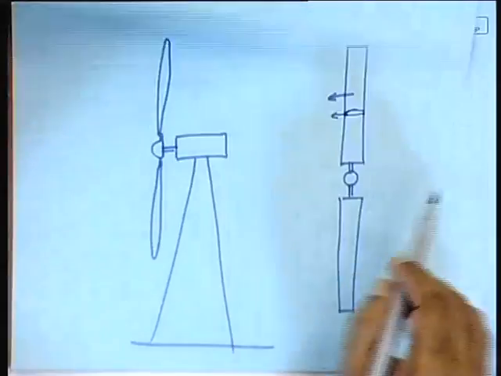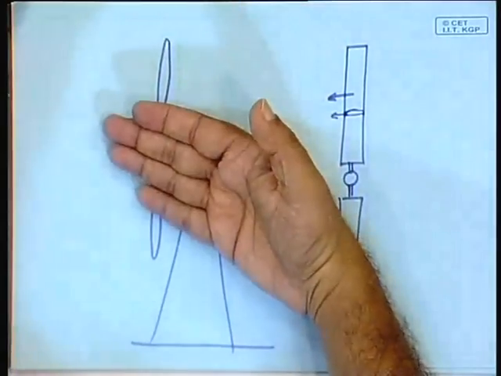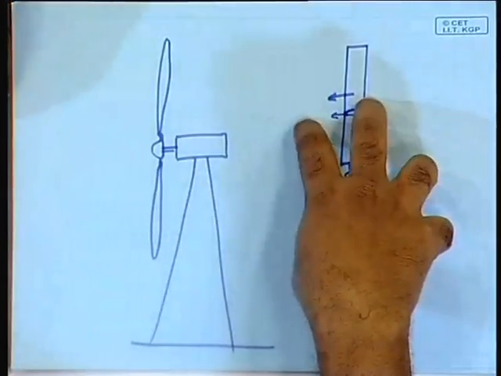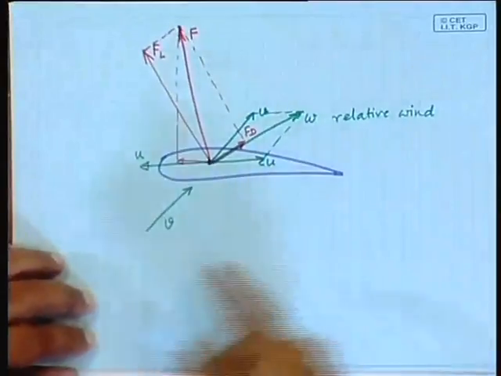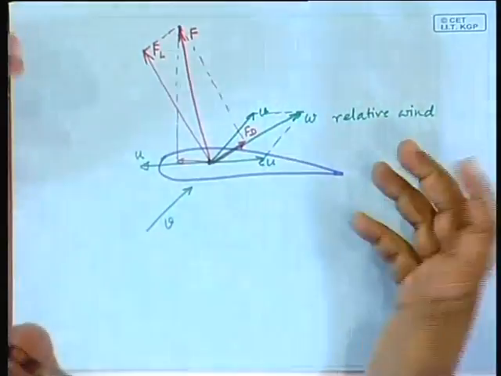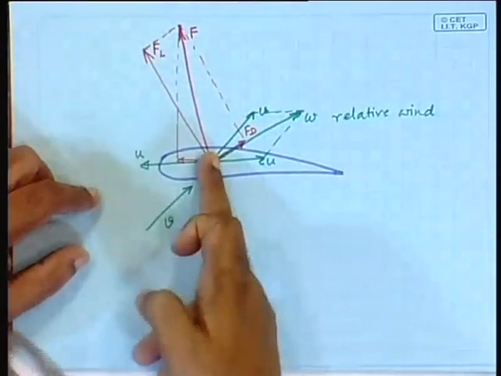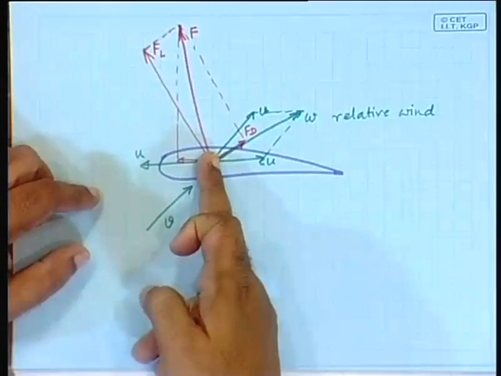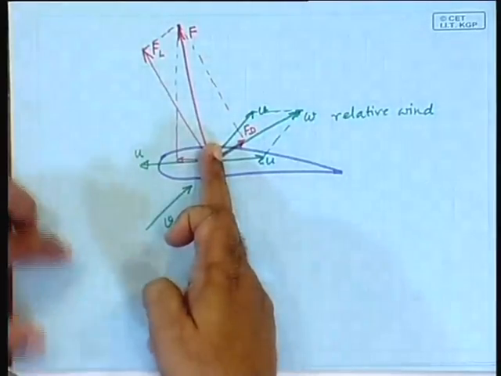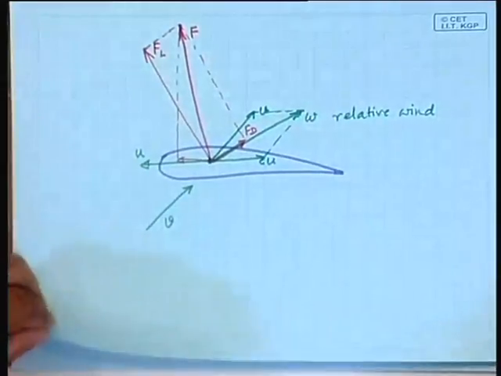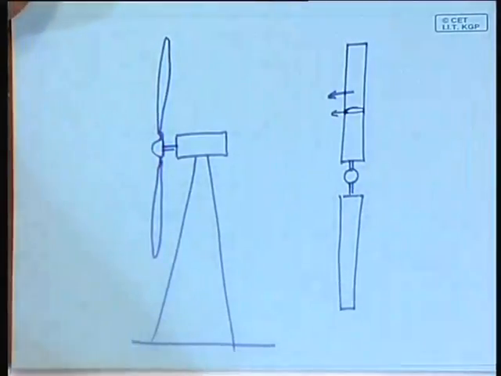Clear? This fellow is rotating and wind is coming like this. So, instead of drawing like this, in our specific case, wind will be coming like that. Okay. So, U is here, wind will be right here, which we will take up in the next class, but try to understand the structure.